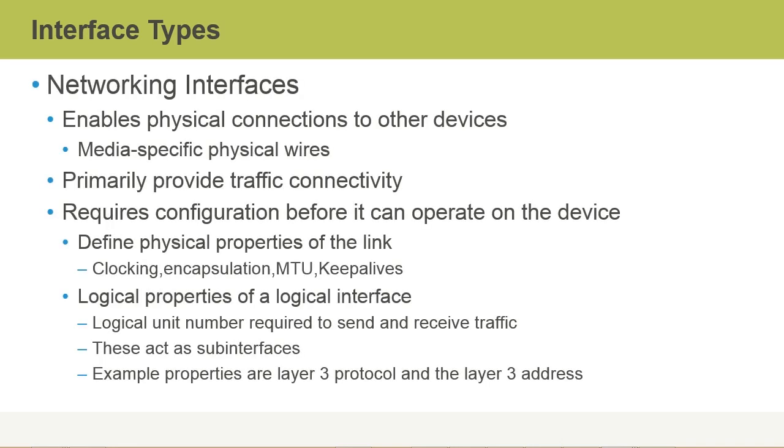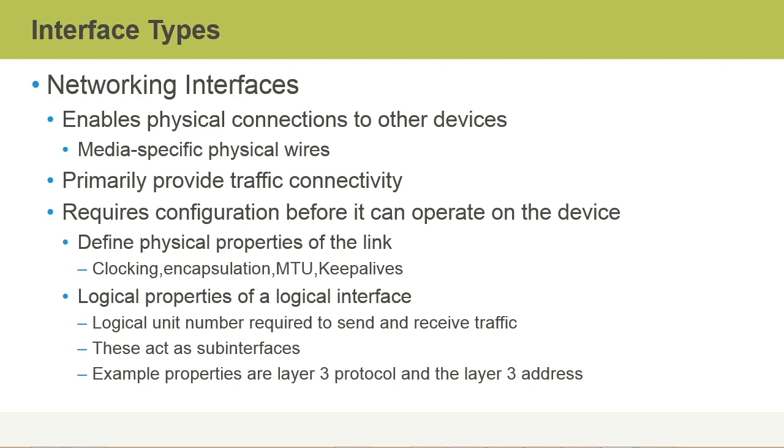One of the common interface types that we work with day in and day out is our networking interfaces, and these allow the device to get a physical connection to the network or to other devices themselves, and their primary function is to provide connectivity to the network. These networking interfaces require configuration before they can be used or before they're operational on the device itself, and there's two forms of configuration.